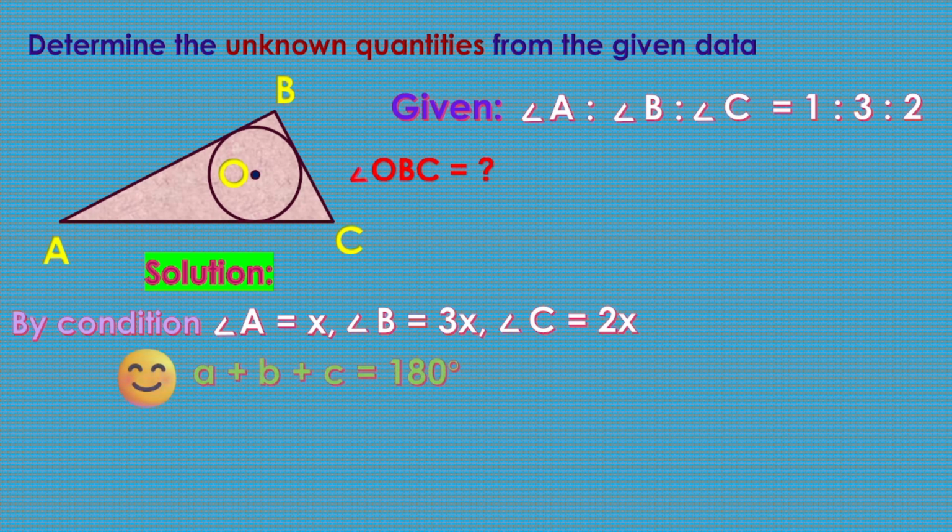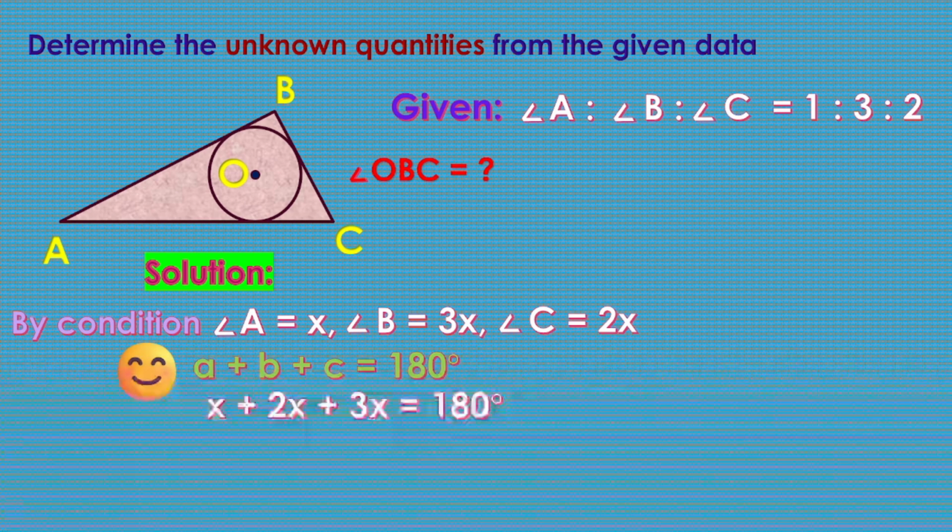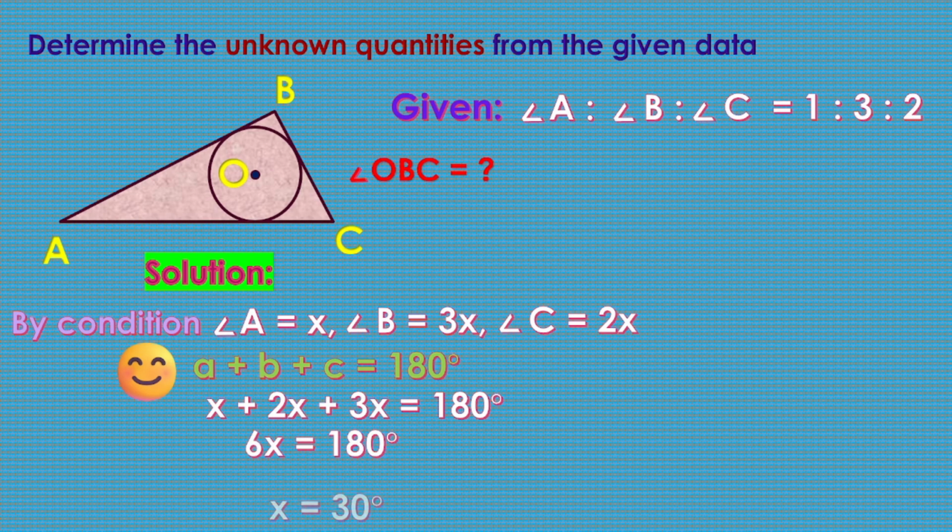The sum of the angles of a triangle is 180 degrees. And now we have A, B, C, 3 angles. We substitute them into the equation. Instead of A, x, instead of B, 3x, instead of C, 2x, and we determined that x equals 30 degrees.